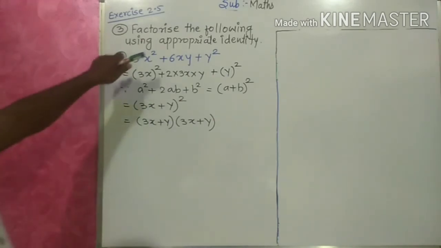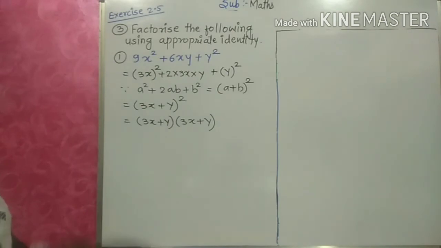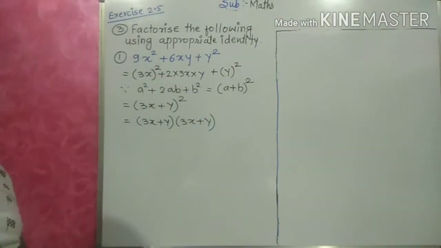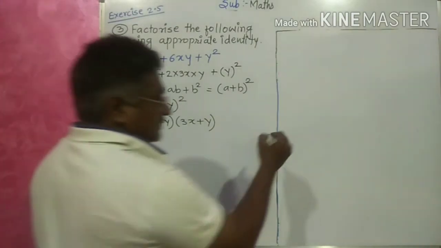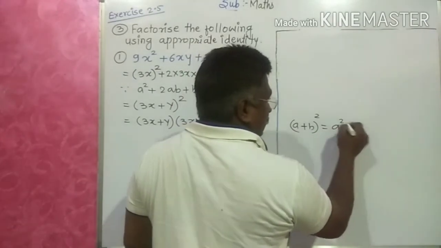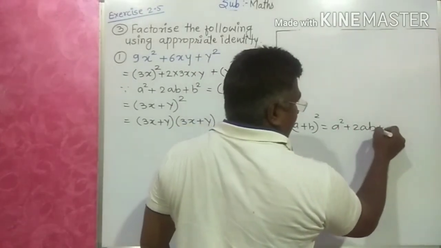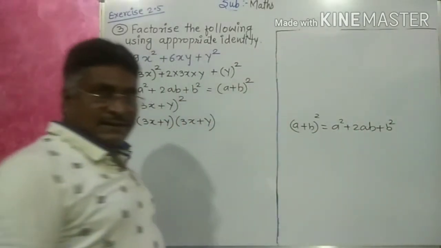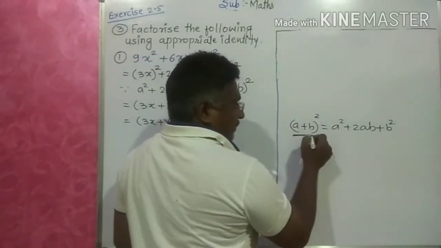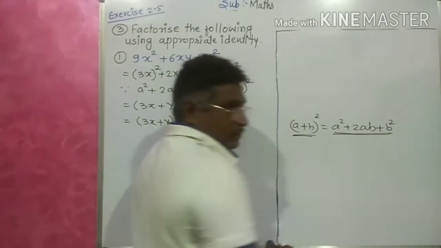How to do it? Reverse the identity, whatever we used in the previous example. We studied that (a plus b) whole square equals a square plus 2ab plus b square. Now reverse: this was given and we solved it in the previous question.